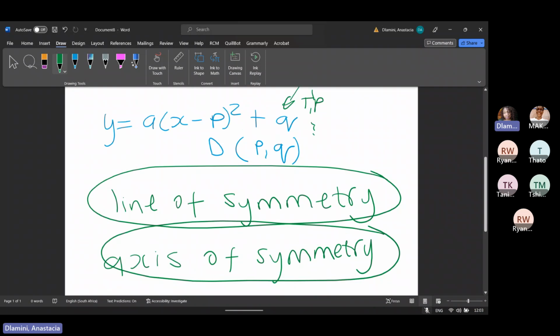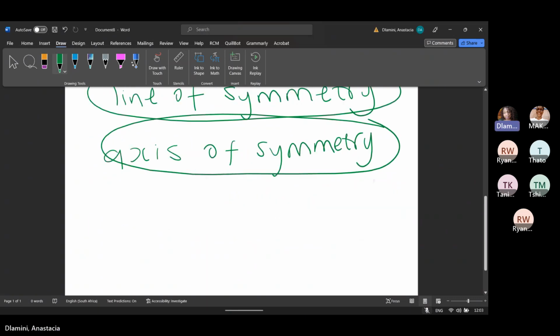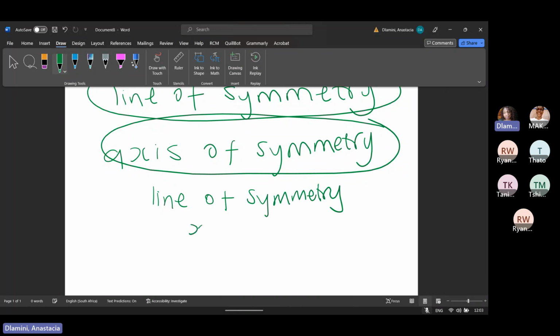Now, the line of symmetry, look at this. Let it not confuse you. The line of symmetry is given by x equals minus b over 2a. Are we all together?